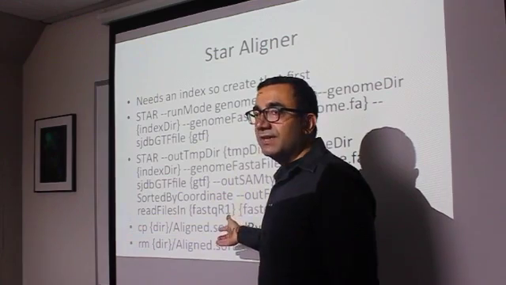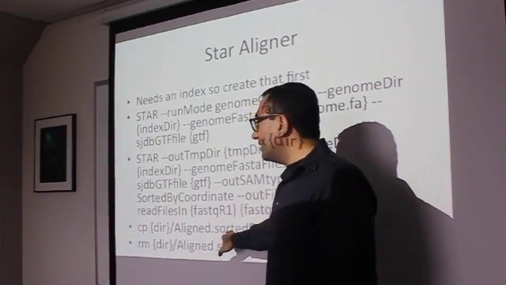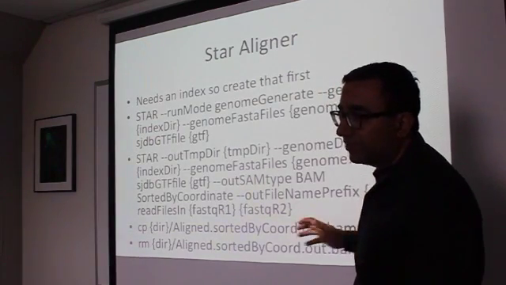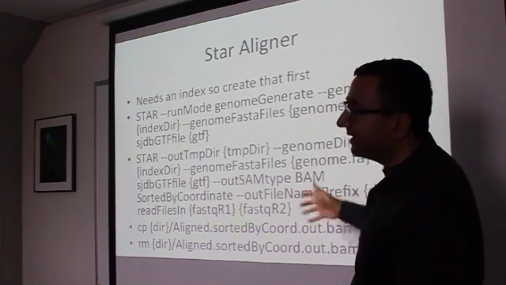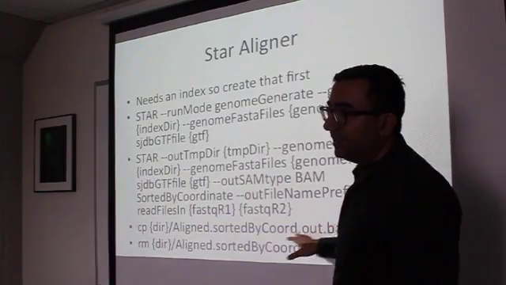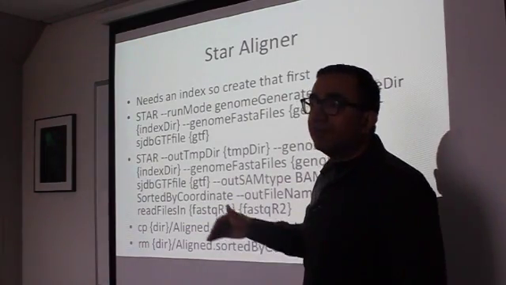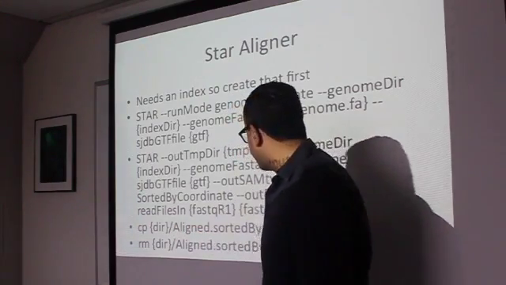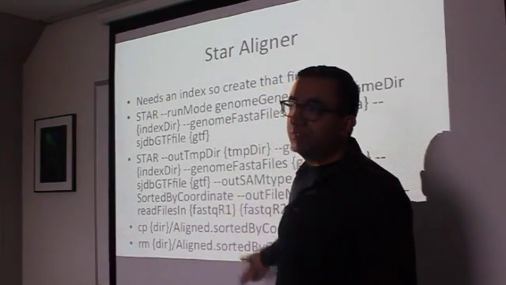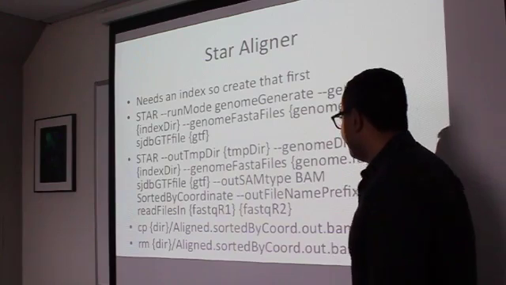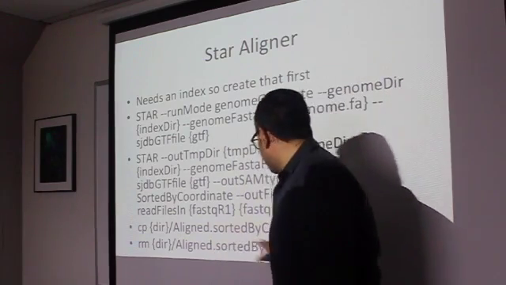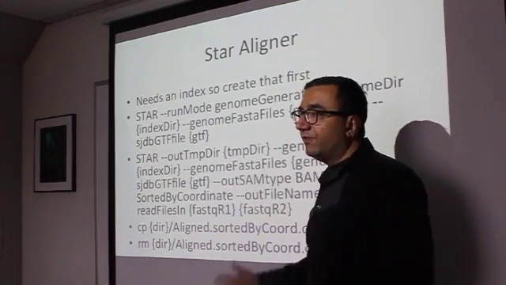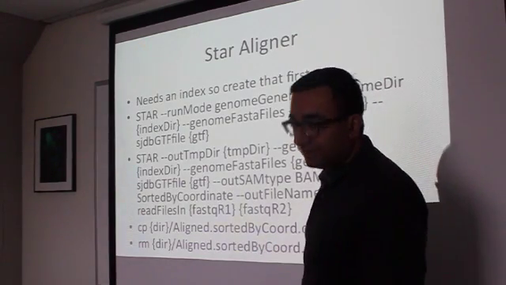I highly recommend that you use this copy command and copy this to another file that you really want to be your true output file name. So that would be your sample1.bam, right? Because what will happen is next time you align something, it'll give the same directory, it'll give the exact same file name, so it'll be overwritten. You don't want that. Okay, and then finally, because this occupies space, you just remove this to free up the memory. Okay, that's it.